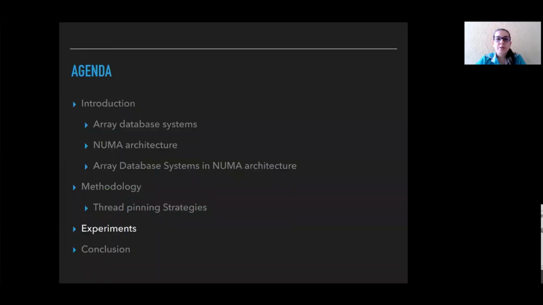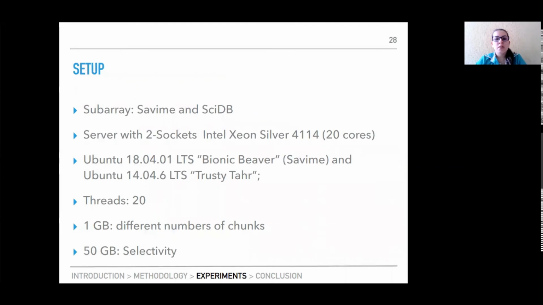In our experiments, we used the two array databases, Savime and SciDB, with a selection operation named subarray. The subarray is a simple operation in an array data model. However, according to the query selectivity, it may require processing all the chunks.